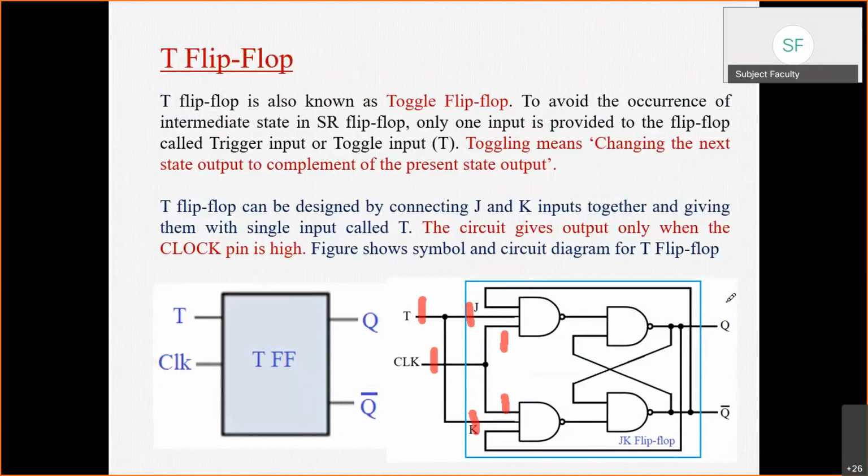Now again, let's assume initially the value of q is 1, so the q bar will be 0. Now this q bar is given to one of the inputs of the 3 input NAND gate. Similarly, this q is given as input to one of the 3 input NAND gates.